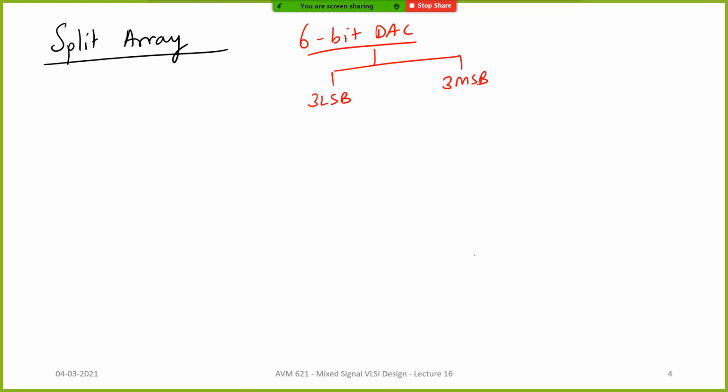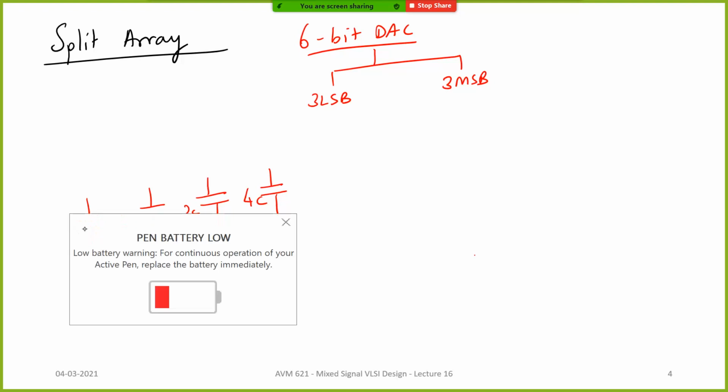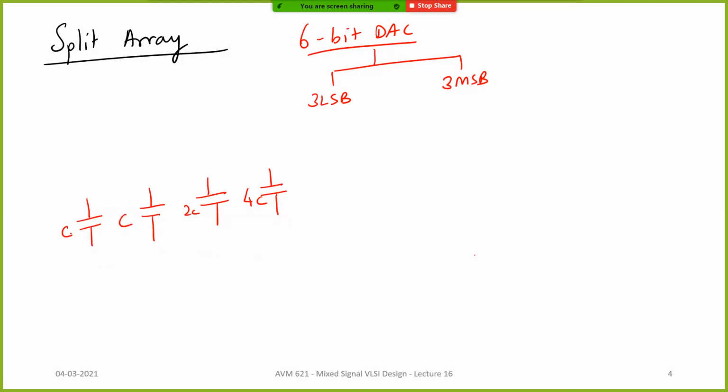But we are going to split it, and let me draw the circuit diagram. Let's say this is C, this is 2C, this is 4C. And you know that we usually put one more C for the LSB side. This is the top plate. Let's say one side is ground and the other is VREF.